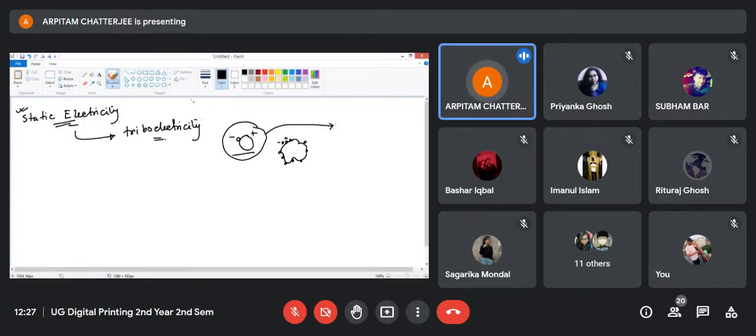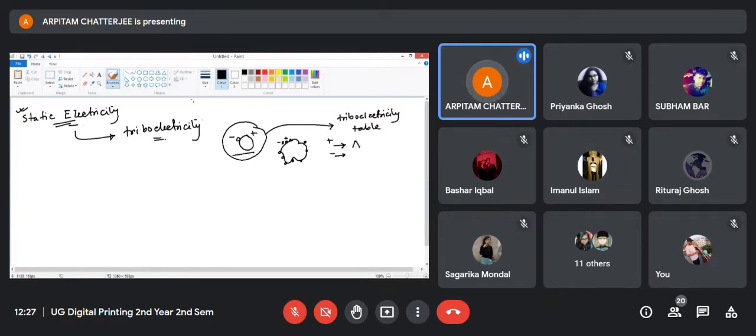Like many of the things in chemistry, here also we have a triboelectricity table or chart. Now in this table, if the material is in a higher position, then it will get positively charged. If it is in a lower position, it will get negatively charged.